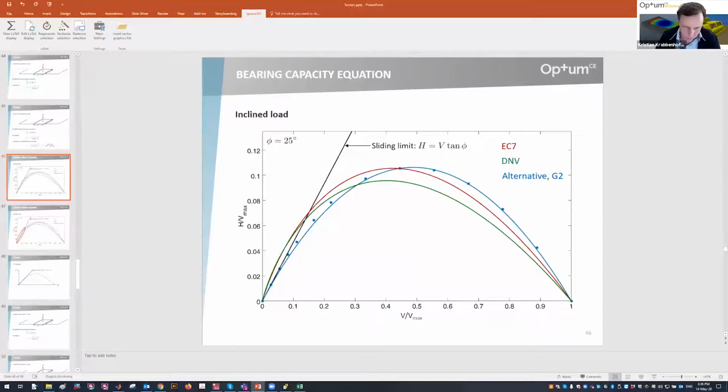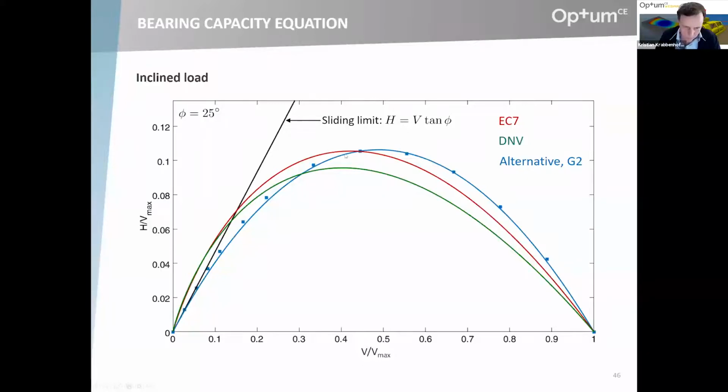So the code's inclination factors are such that they kind of imply a violation, and again, in the big scope of things, green and red lines are not terrible fits to the actual, let's say, these are the OPTUM solutions.